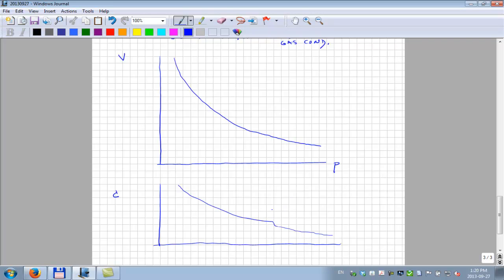So there is still a saturation pressure, and I'm identifying it being here, but you can't really see it from the pressure volume curve. So in these systems, we have to visually observe the two phases appearing.